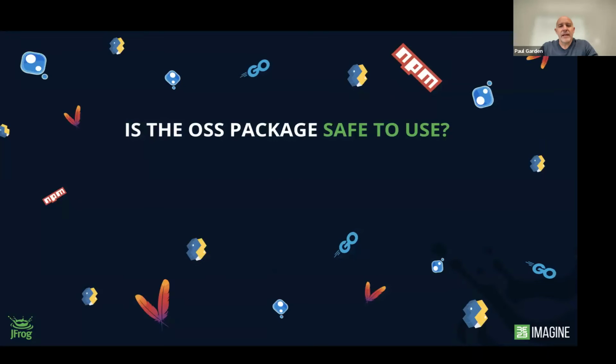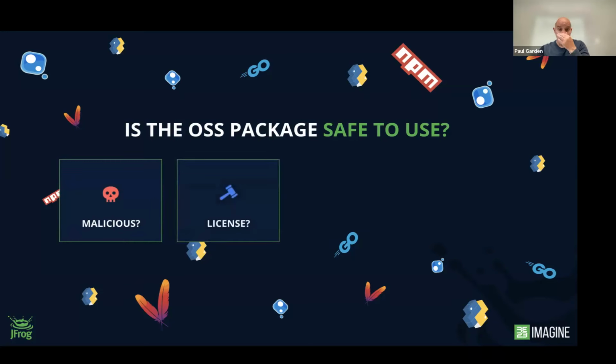So here's what they have to think about. Is the package safe to use? They don't want to do that, but they need to do that. But this is where curation comes in. So we can automatically, with curation in the background, look at whether a package is safe to use. So we need to look at whether it's a malicious package, what the license type is, so we can help them keep out the license types they don't want.